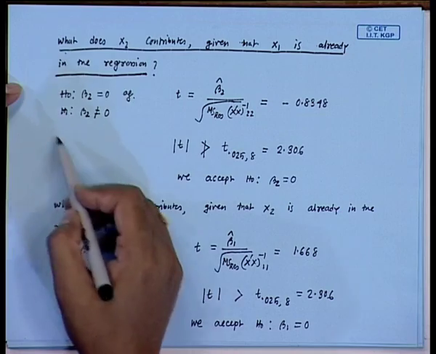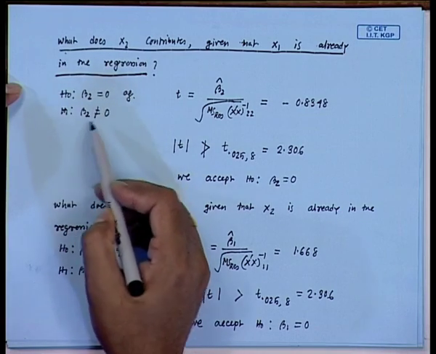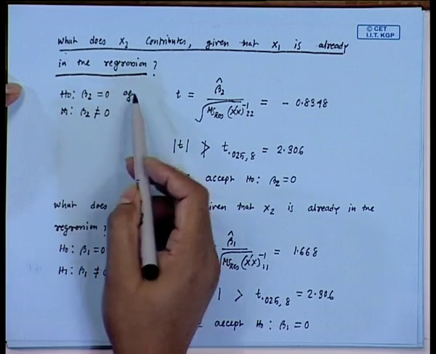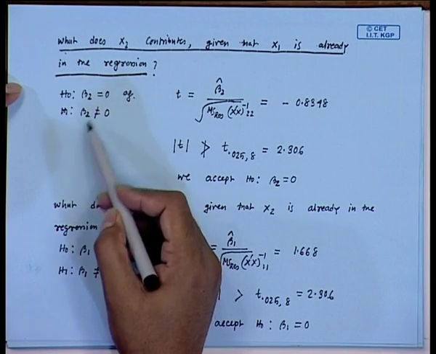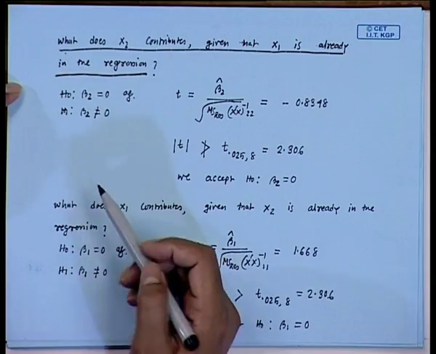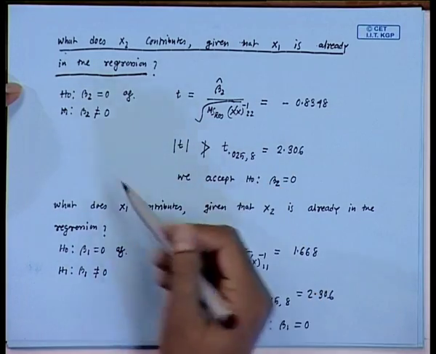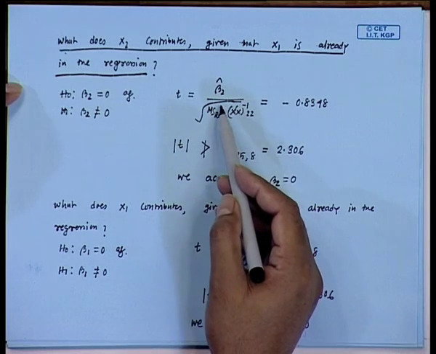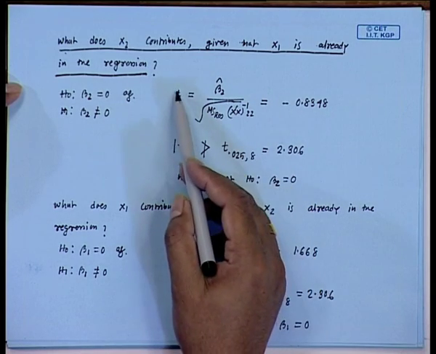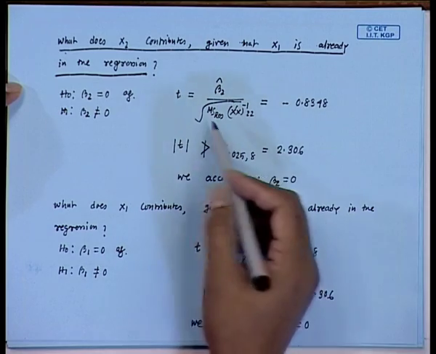So, this basically tests the significance of x 2 in the presence of x 1 in the regression model. Either you can go for the partial F test or you can go for the t test to test this hypothesis. Here I took the t statistic approach.